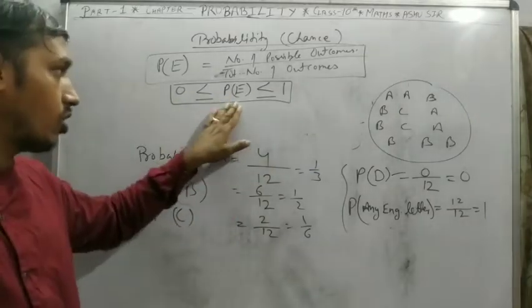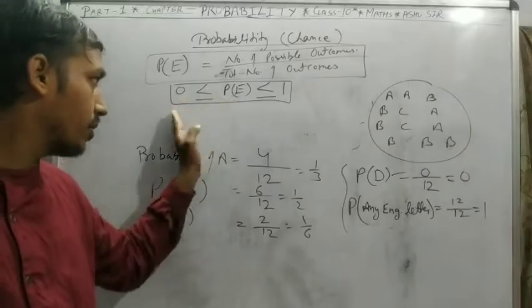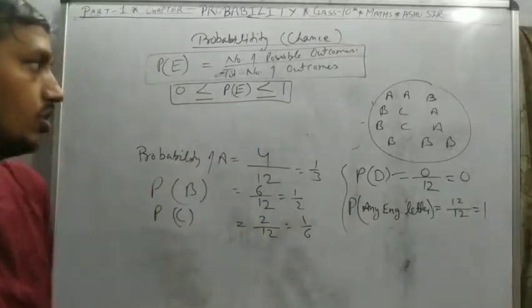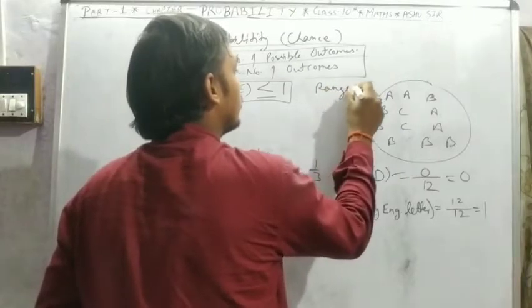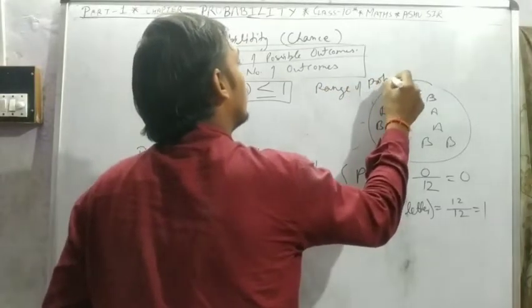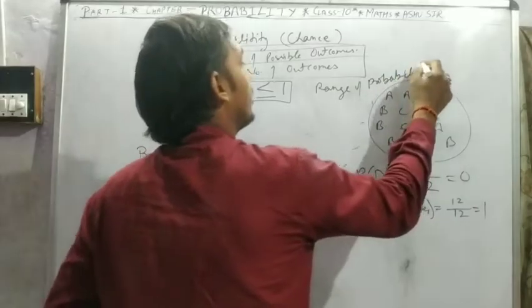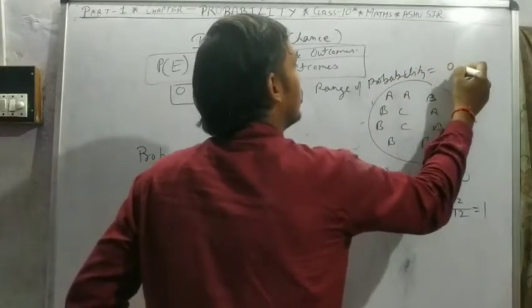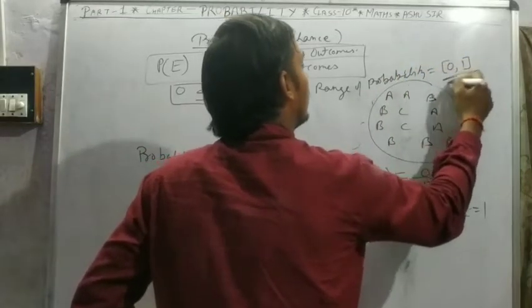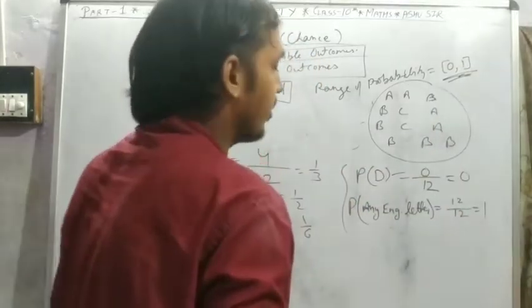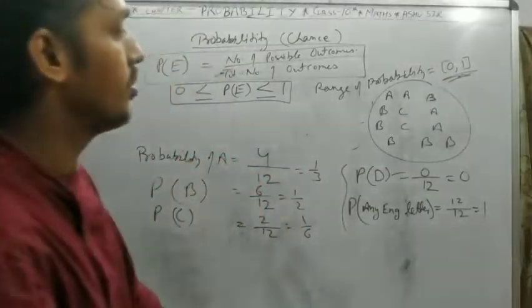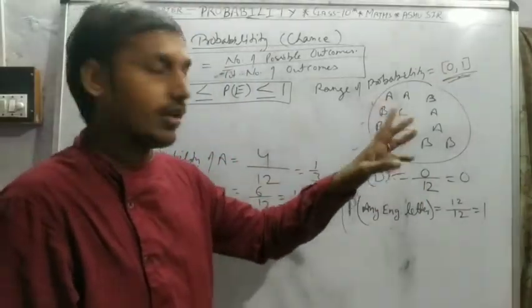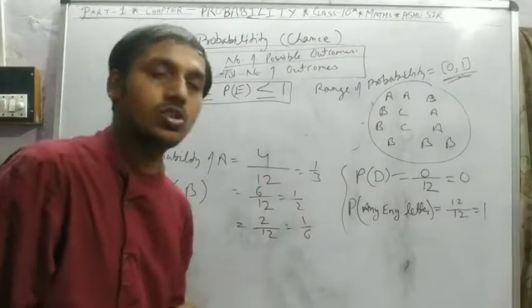Means it is always a positive value between 0 and 1. So you can say the range of probability is 0 to 1. This concept you study in class 11, but only for your knowledge, we can write that the range of probability is 0 to 1.